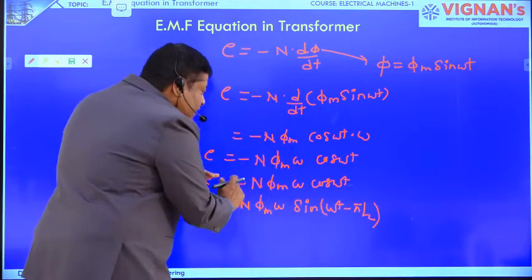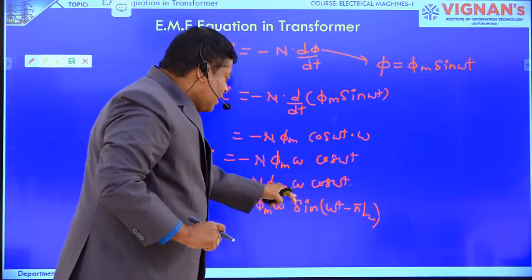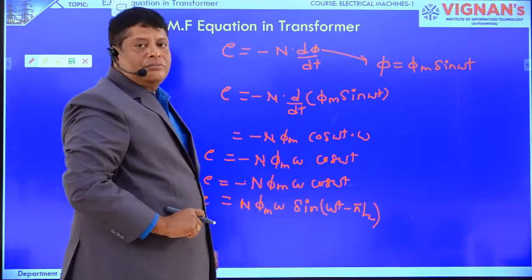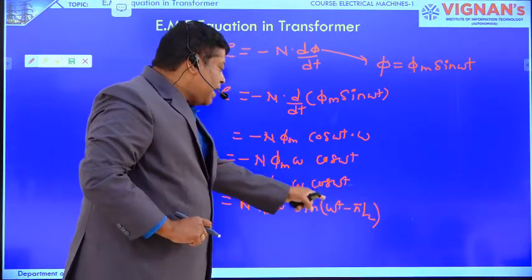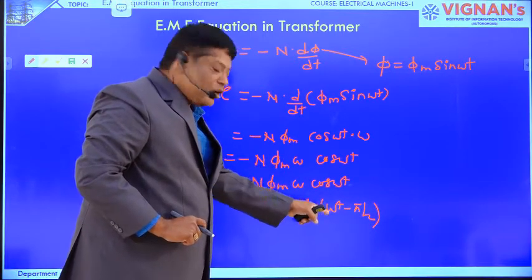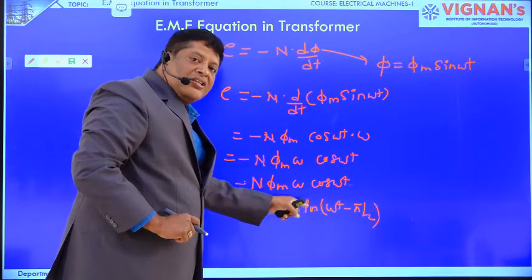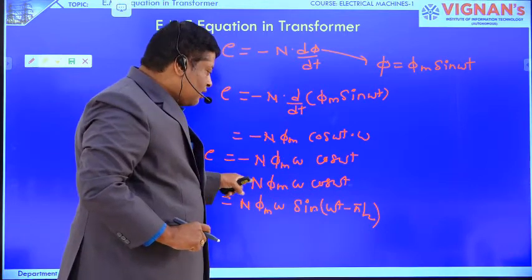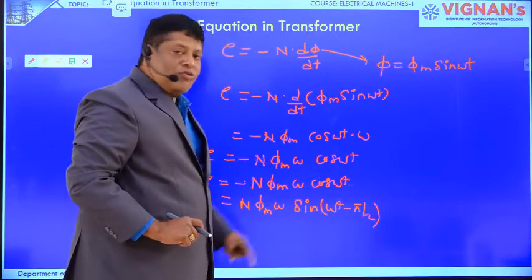Taking the minus common, sine of minus theta becomes minus sine theta, and sine of pi by 2 minus omega t is cos omega t.